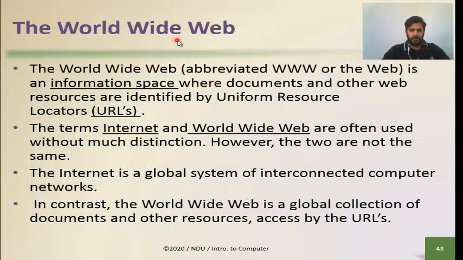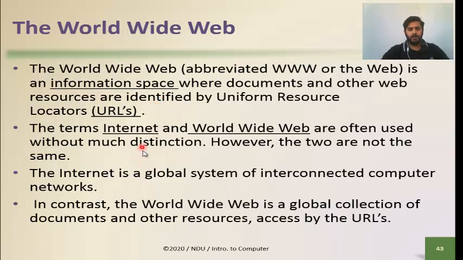So, first of all, the World Wide Web. WWW is just an information space where documents and other resources are identified by the Universal Resource Locator, URL. There is a misunderstanding between the internet and the World Wide Web.